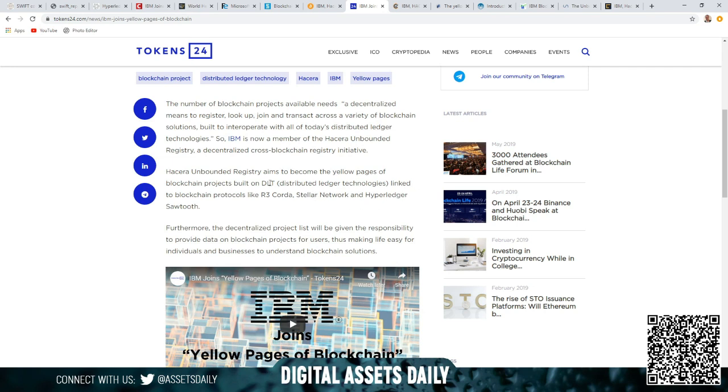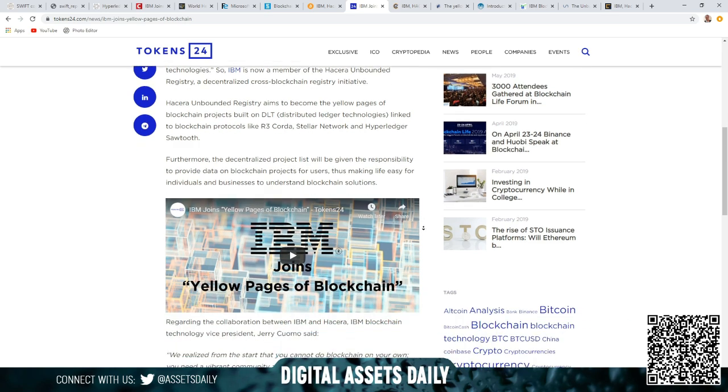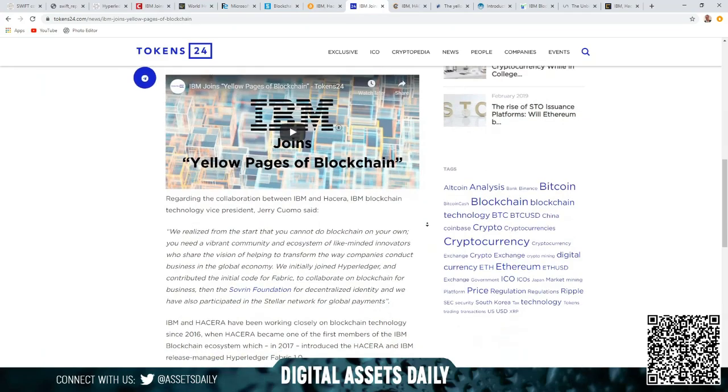And here again, we have the DLT, Distributed Ledger Technologies, linked to blockchain protocols like R3 Corda, which we know as XRP, Stellar Network, and Hyperledger Sawtooth. And the cool thing with Hyperledger Sawtooth there, we'll get to shortly. I don't want to spoil the surprise, but it's great if you're an investor in XRP or XLM.